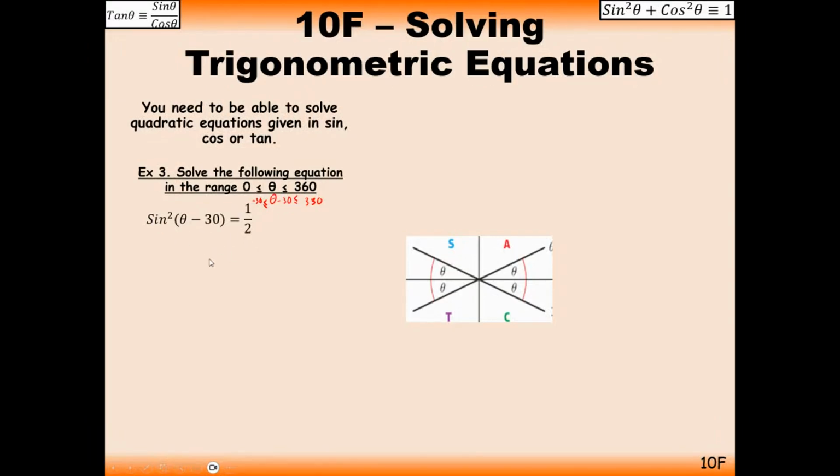Now, taking the next step of solving this equation is tricky. So what you're going to do is take a square root of both sides, and that means putting a plus minus sign in front of the answer. Square root means you have to put the plus minus.